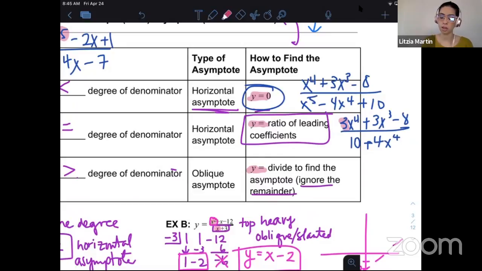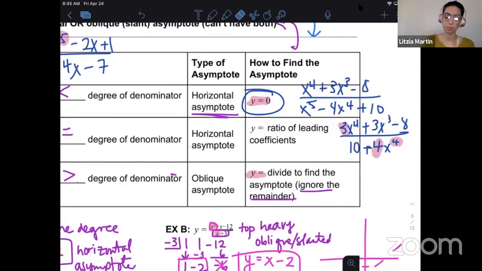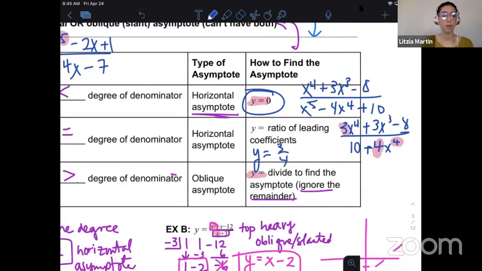So if this 4 is the highest degree in the denominator, then the coefficient that goes along with it, the 4, is what you're going to use to find your answer. So in this case, your answer would be y is equal to 3/4, because you take the ratio of the top and the bottom, 3/4.